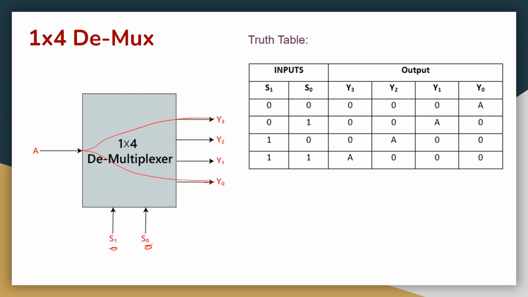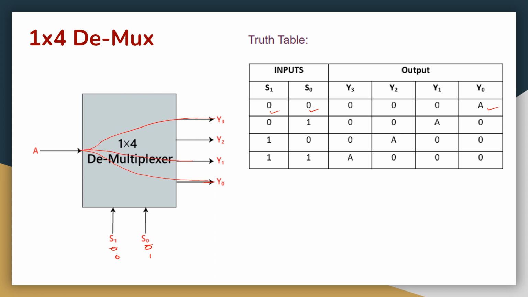Y0 is here. If S0 is 1 and S1 is 0, then A is forwarded to Y1.